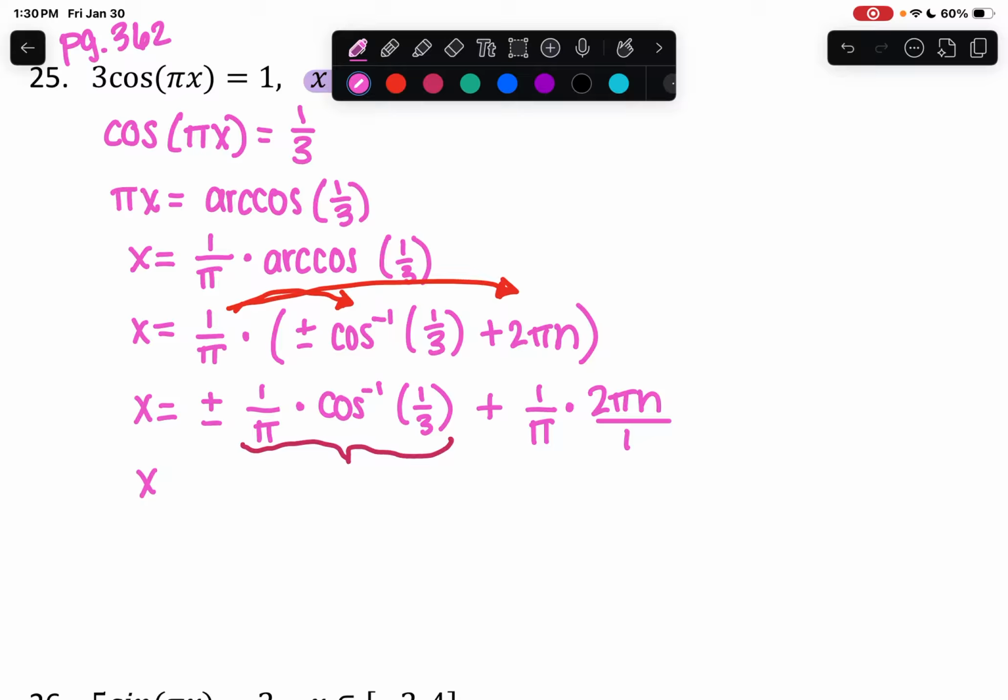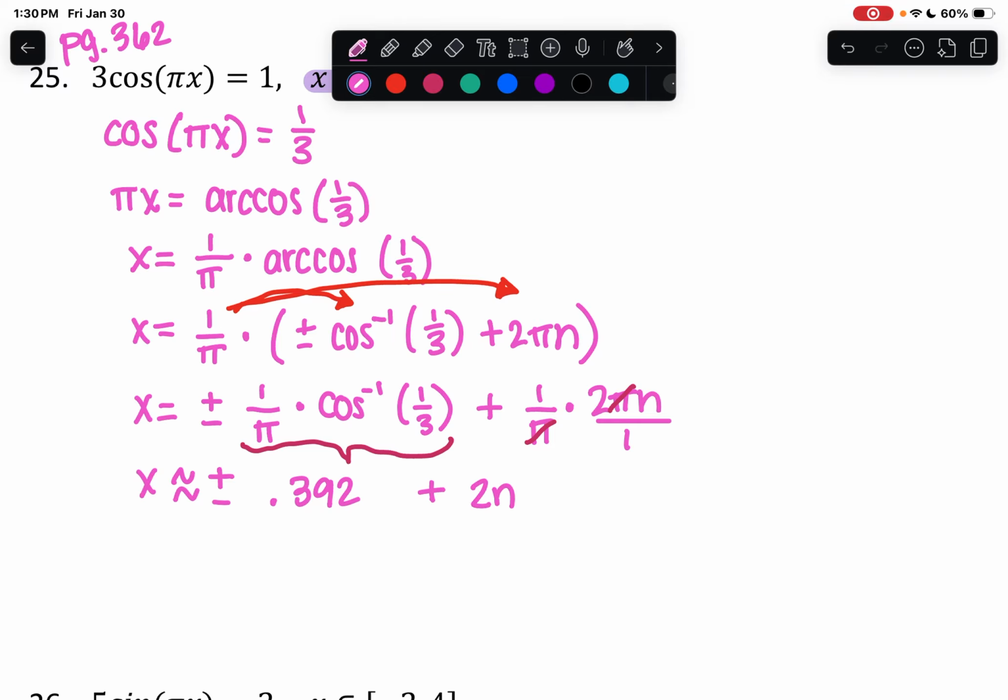And so we'll have x equals plus or minus 0.392. Let's actually say this is about, I'm rounding here, plus or minus 0.392, plus we can cancel out our pi's here, and so we just have 2 times n.